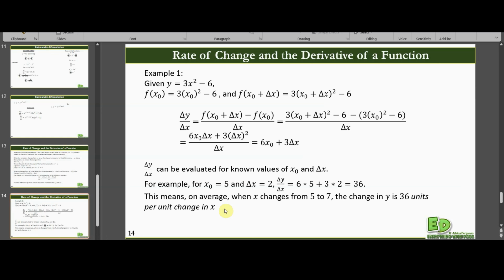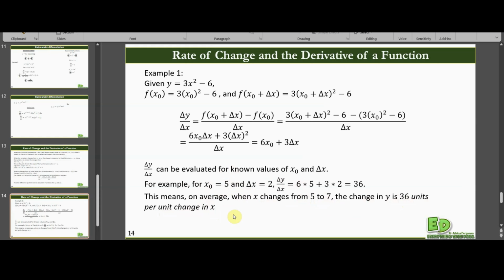So here you can see that initially we have an initial value of x to be 5. Then the change in x here is 2. So 5 plus 2 gives us 7. So it moved from 5 to 7. So from 5 to 7, the change in y is 36 units per unit change in the value of x.